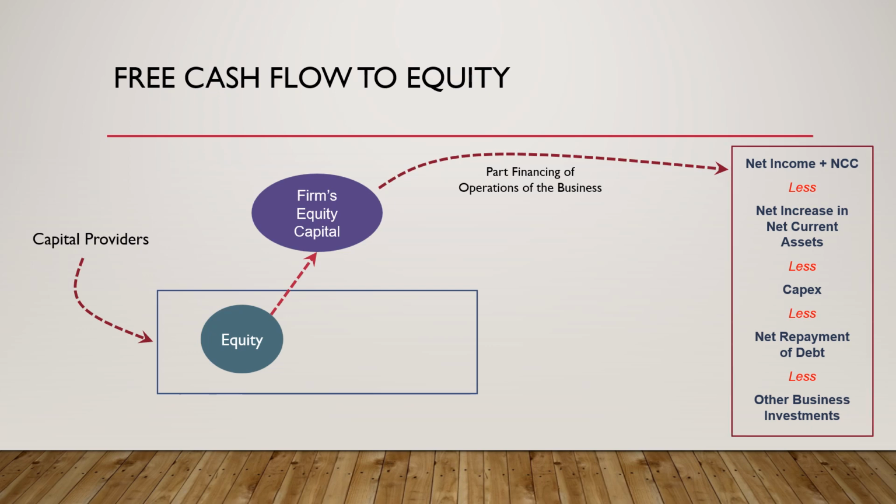At the end of this exercise, the figure that we are left with is the free cash flow to equity, or FCFE, generated during the financial year, and this represents the amount of cash available to the owners of the business after all operating, investing, and financing obligations have been met.